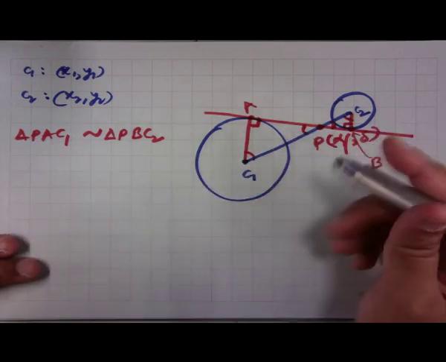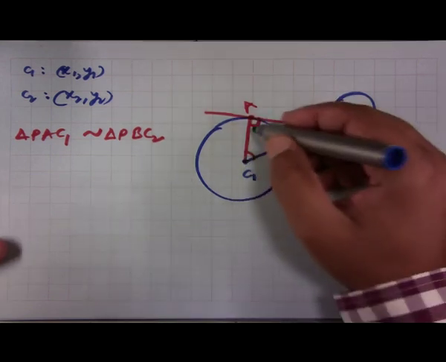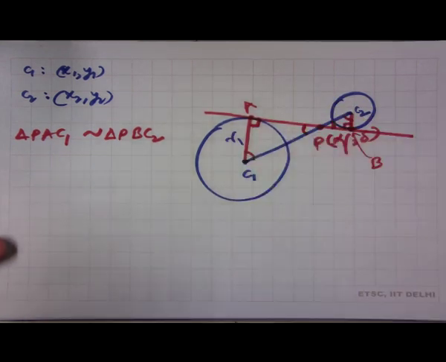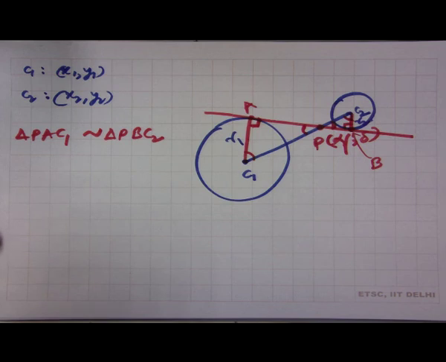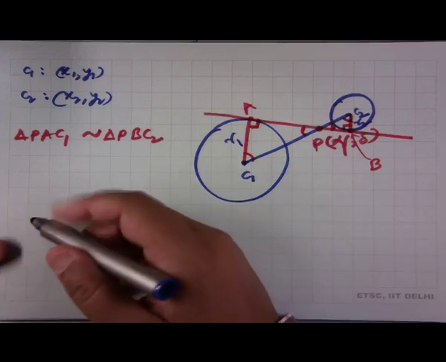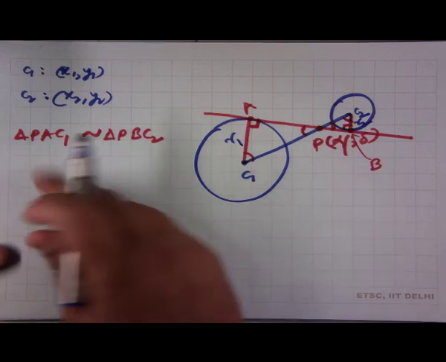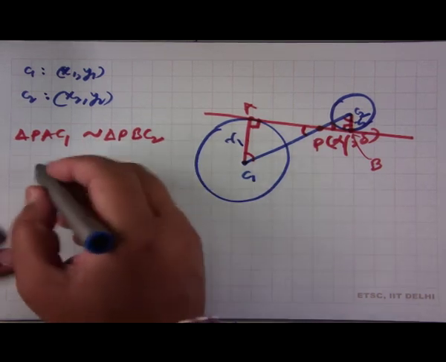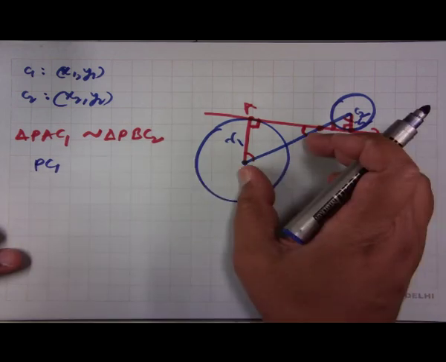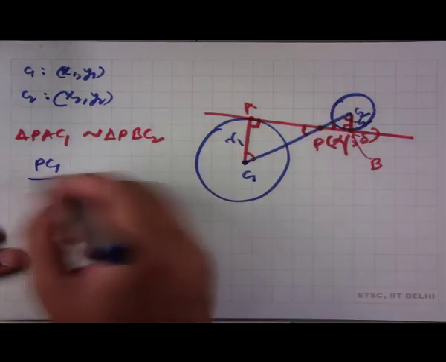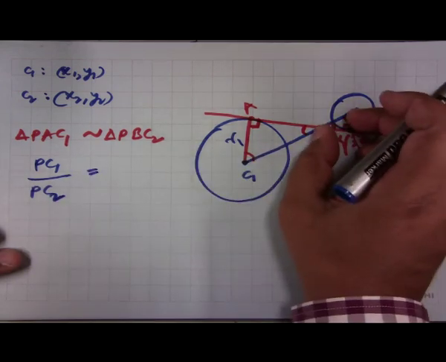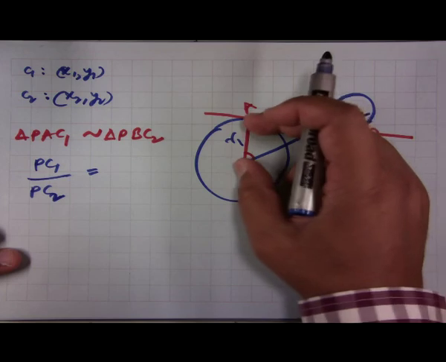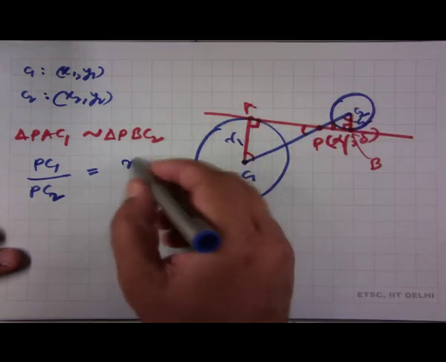Now, this distance is R1 and this distance C2B is R2. So, from the similarity ratios, PC1 divided by PC2 has to be equal to R1 divided by R2.